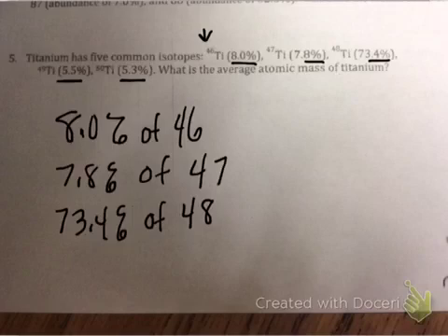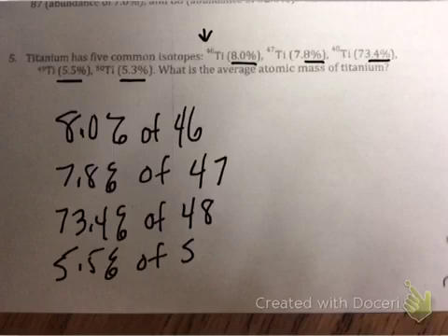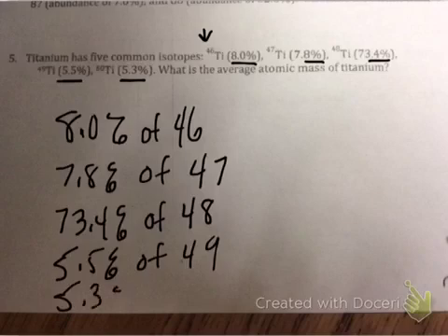And 5.5% of them have a mass of 49, it looks like. It's hard to see. 49. And the last one, 5.3% of them have a mass of 50.